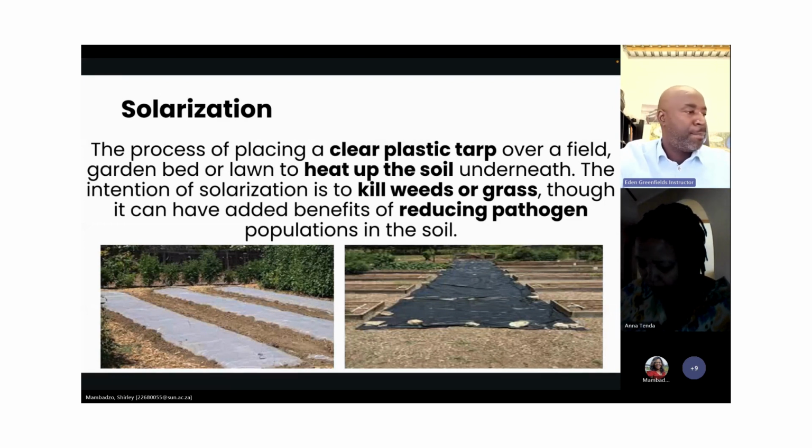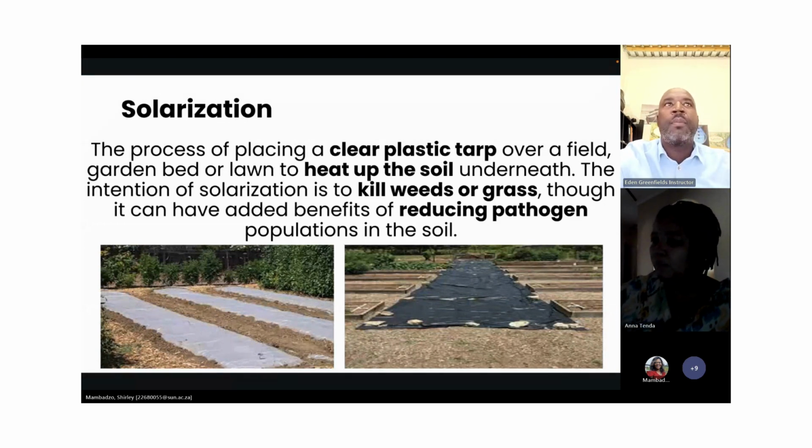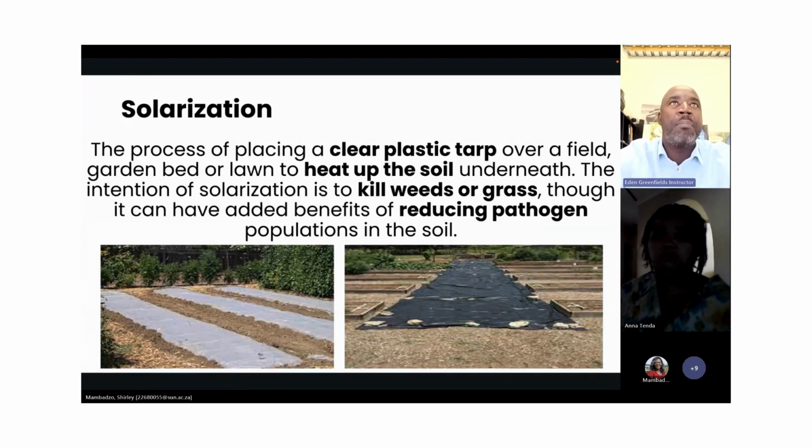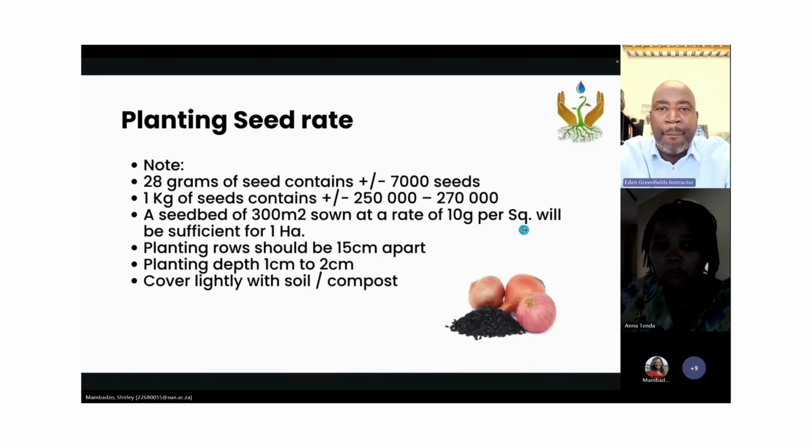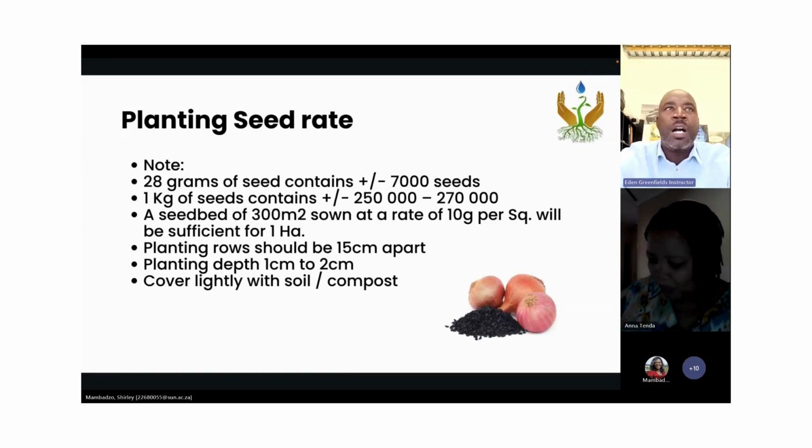All right. So we mentioned planting seed rates. For example, you walk into the shop and buy a pack of onion seeds.